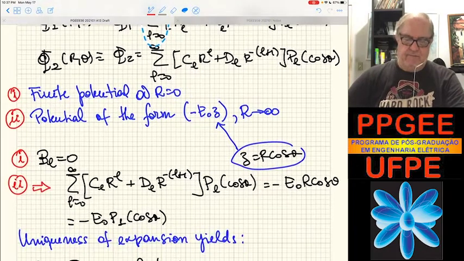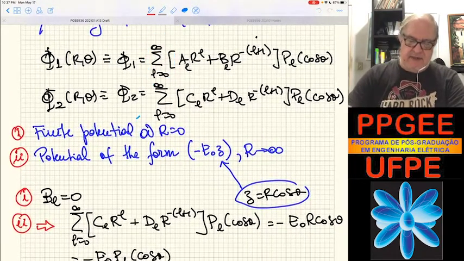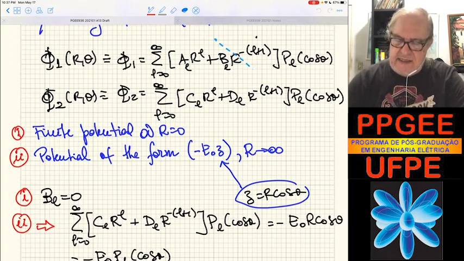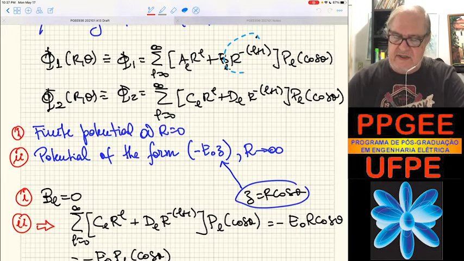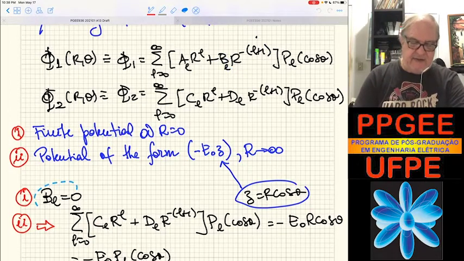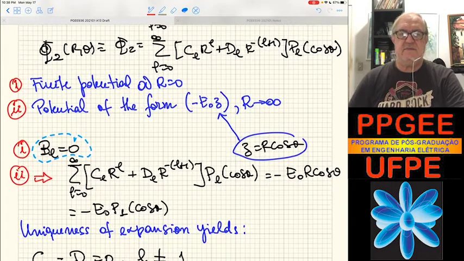So if we go to the condition that the potential is finite at the origin, you have to eliminate this part of the solution because that's the one that diverges. So we have to eliminate that. So it means that we have to set D_l equal to 0.